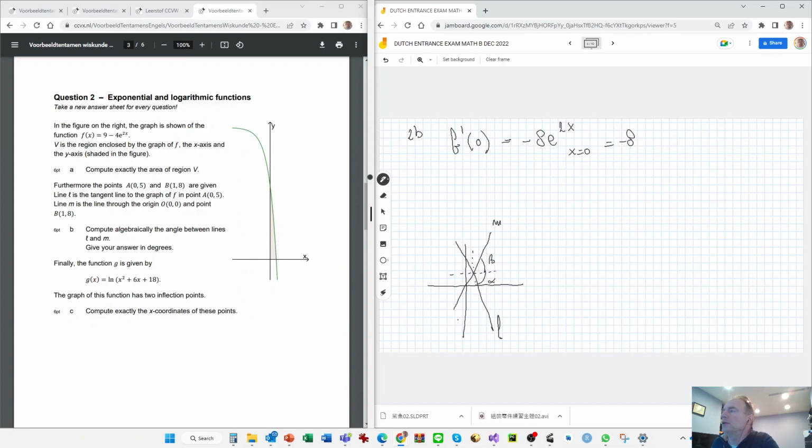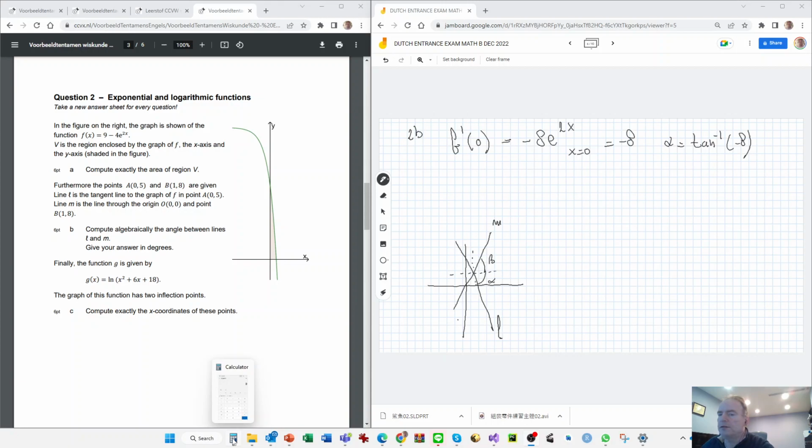And that means that alpha is then the inverse tangent of minus 8. So let's move to the calculator for that.